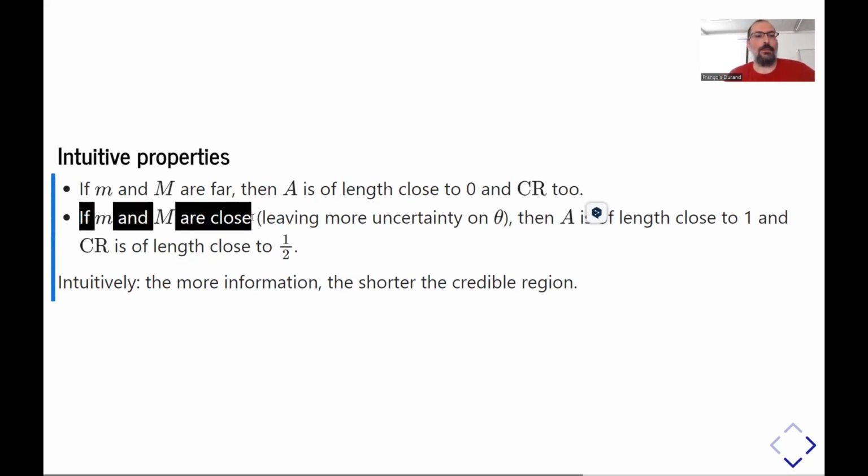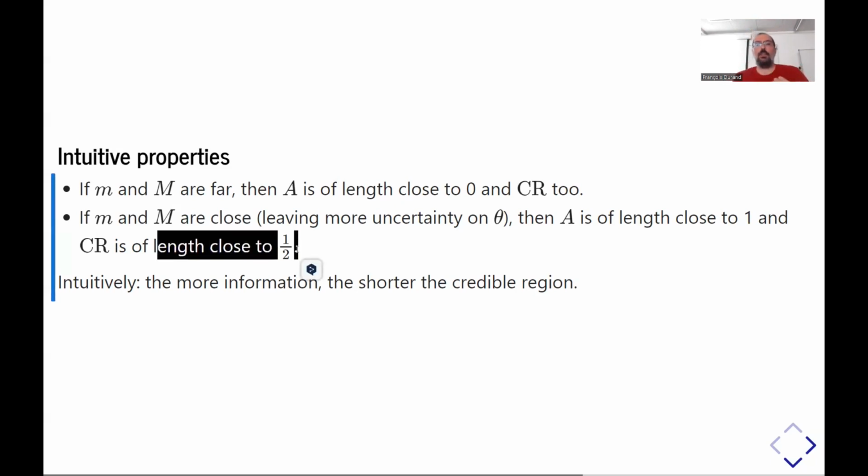On the opposite, if the two values happen to be close, then we have little information on theta, because it can be as far away as little m plus 1/2 and as far away as big M minus 1/2. Then A is of length close to 1, and in fact CR is of length close to 1/2. So essentially, the more information we have, the smaller the credible region, which is quite natural.